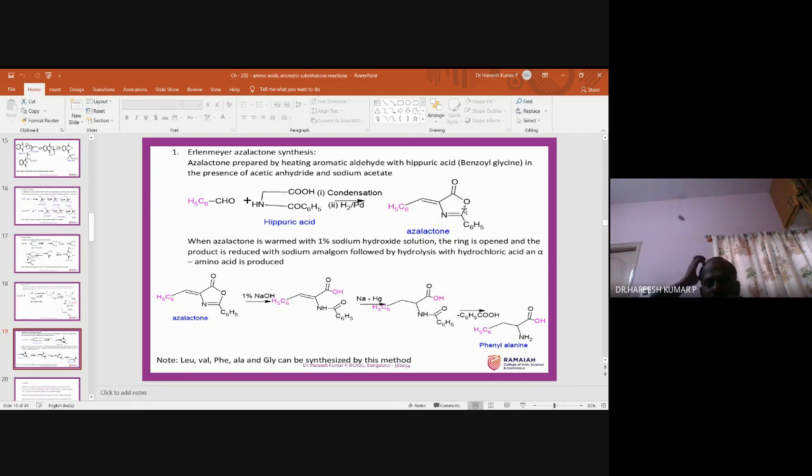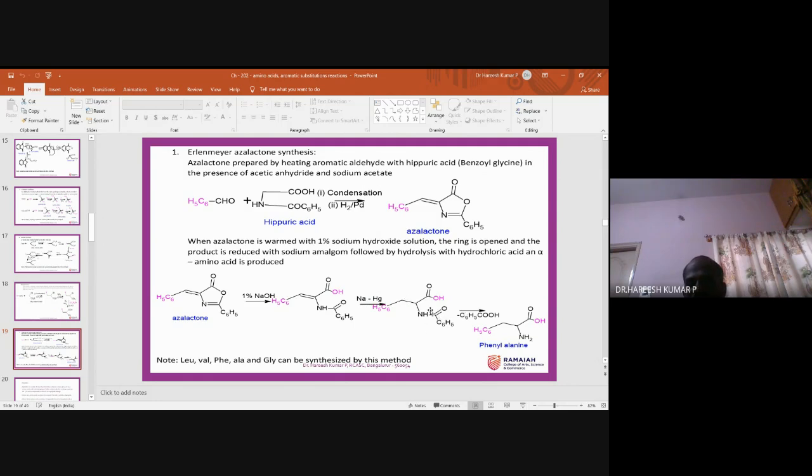The obtained azlactone, when it is treated with 1% sodium hydroxide, means cleavage here, converting back into amide and then acid. Then this is subjected to sodium amalgam, which means reduction of this double bond to a single bond.